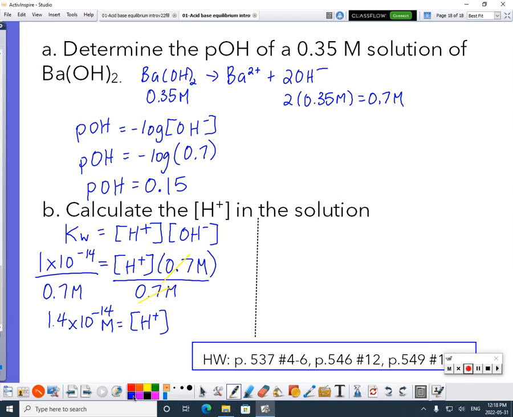I'm going to add in another way you can solve for this. My other class made fun of me because it's a little bit more work, and they were like, Ms. Todd, I'm never going to do that. But I'll show you how to do it. So when you have pOH, you can change it into pH.